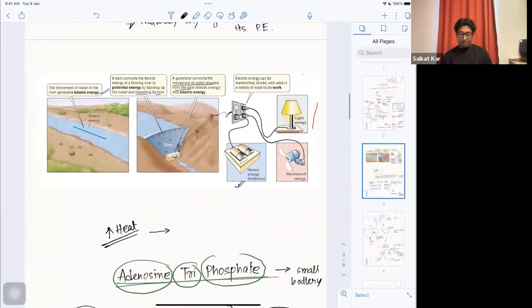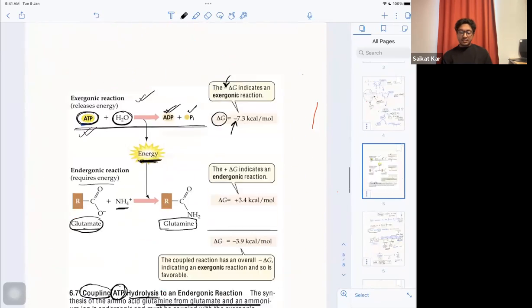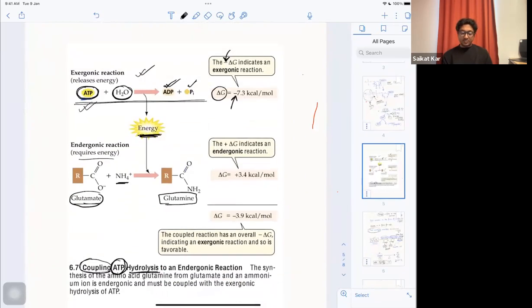We have seen that for any spontaneous reaction, the G value always decreases. Then this should be the natural reaction.